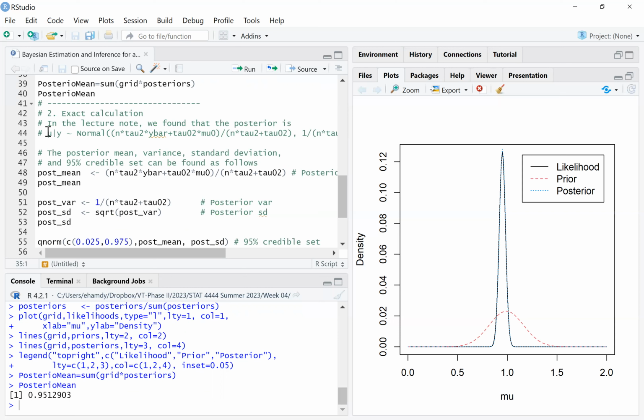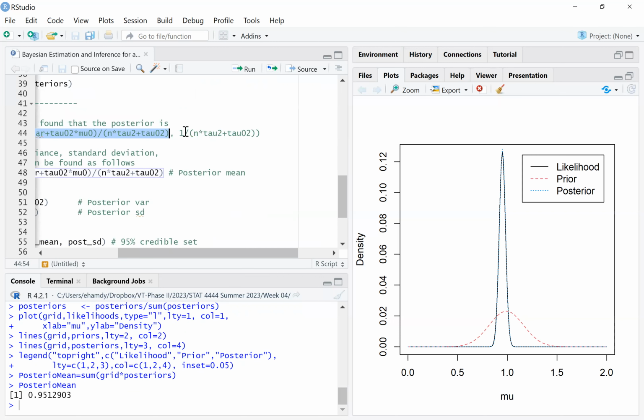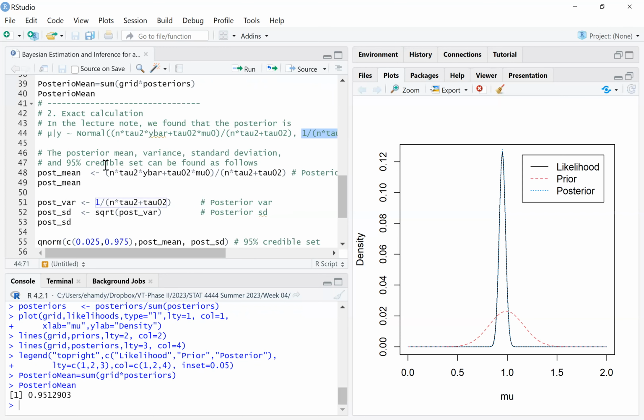And we found that the posterior mean is normal with mean and variance equal this one. So now we can find the posterior mean, posterior variance, posterior standard deviation, posterior median, posterior mode using the exact posterior distribution. And we can find the 95% credible set using the exact posterior distribution.